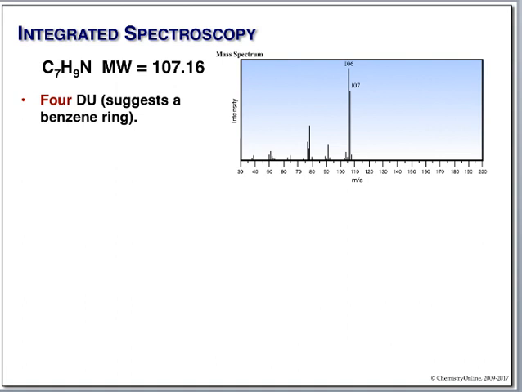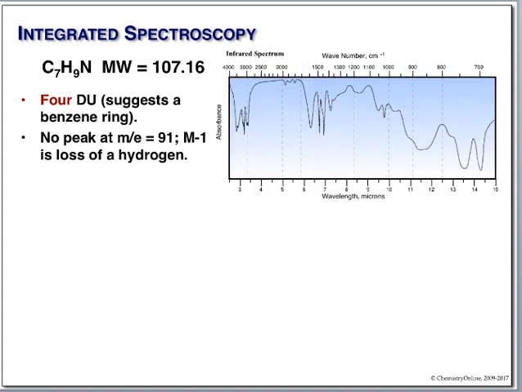Let's look at the infrared. This is the same one we just looked at, but let's look at all the rest of it. Down here at 3400, we clearly have an NH stretch.